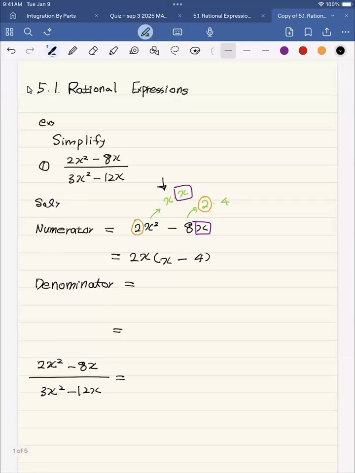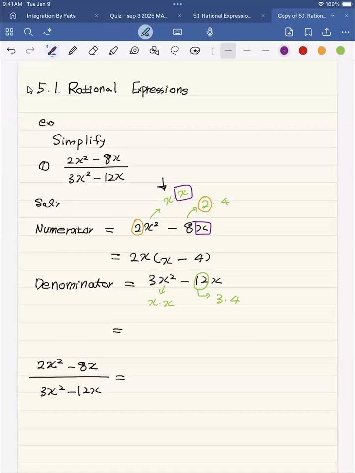That's the numerator, and the denominator is 3x squared minus 12x. 12 can be written as 3 times 4. Again, x squared can be written as x times x.